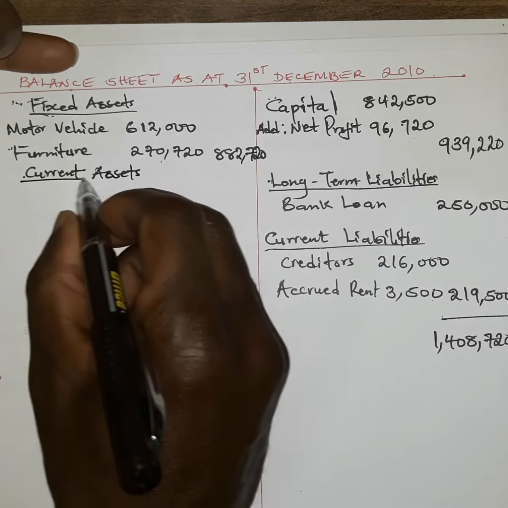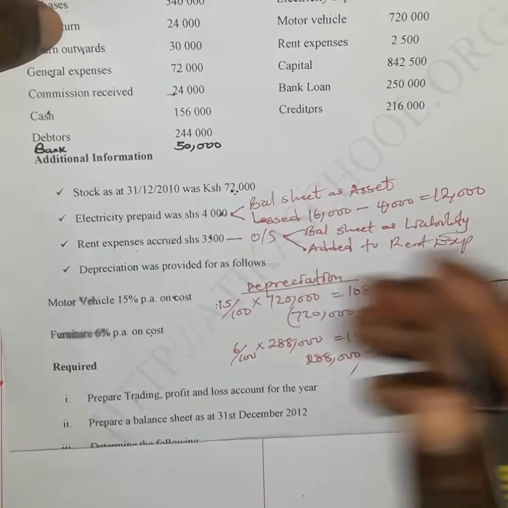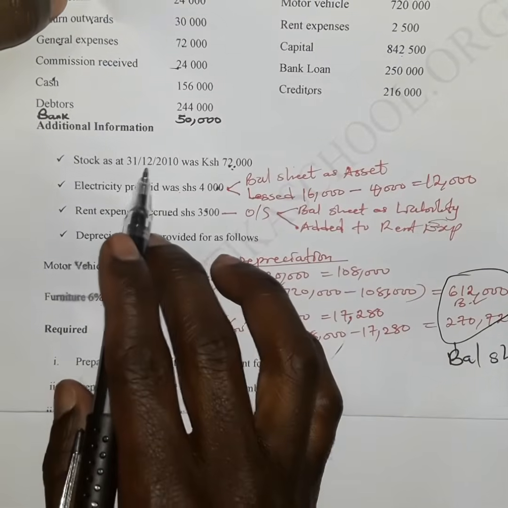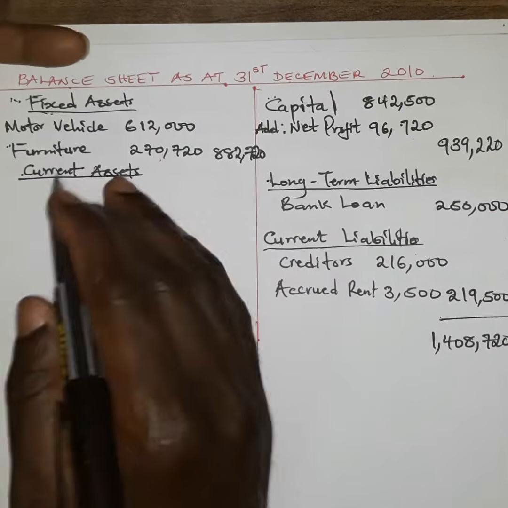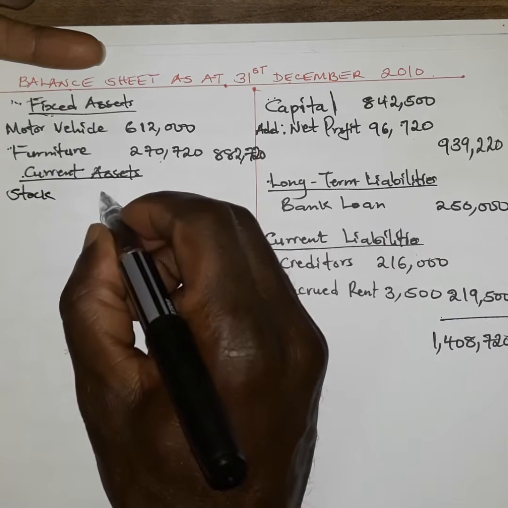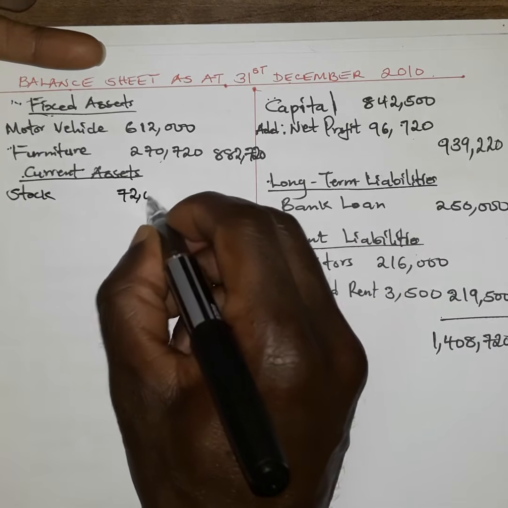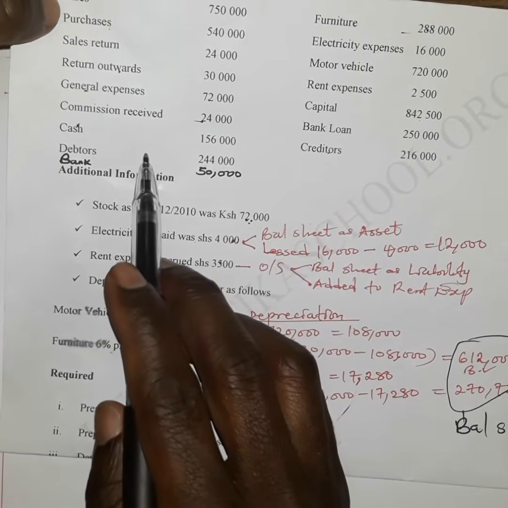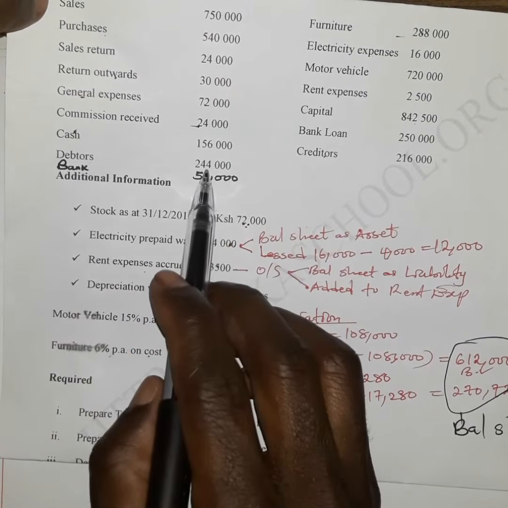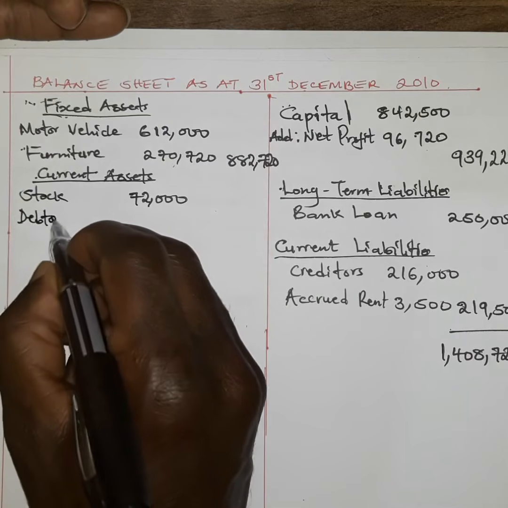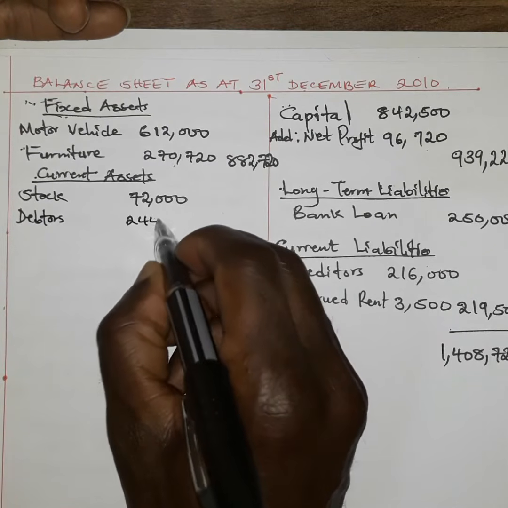In other words, they are assets which are liquid in nature. They can be easily converted to cash when payment of liabilities arises. And we are given stock on 31st. Stock is a good example of current assets. So we have stock of an amount of 72,000. Another one that we have is the debtors. These are customers who owe the business money, 244,000.